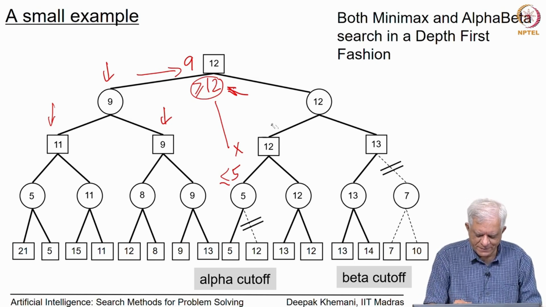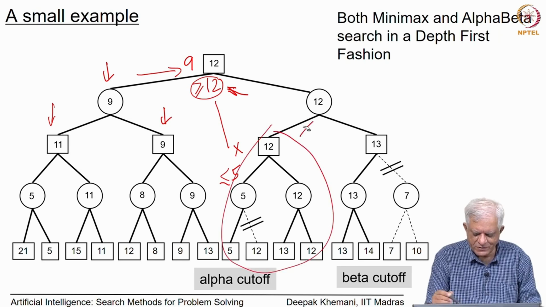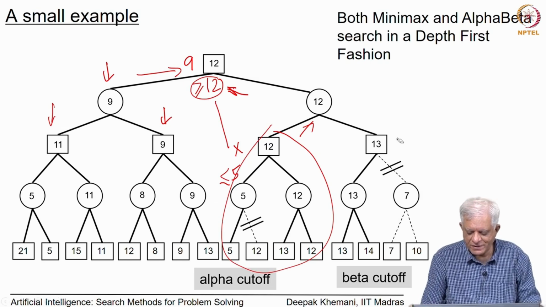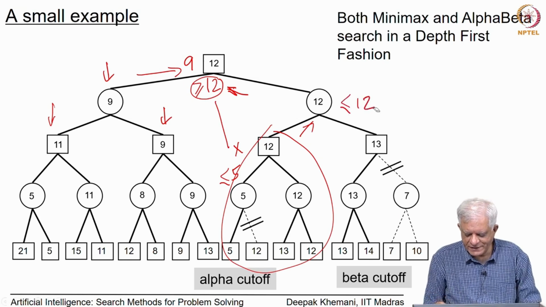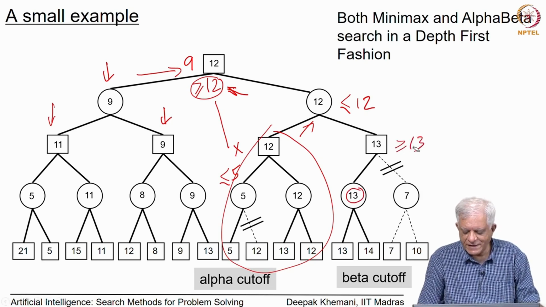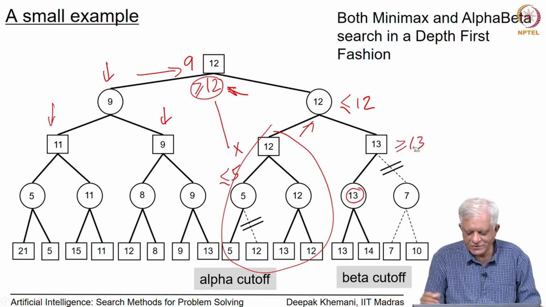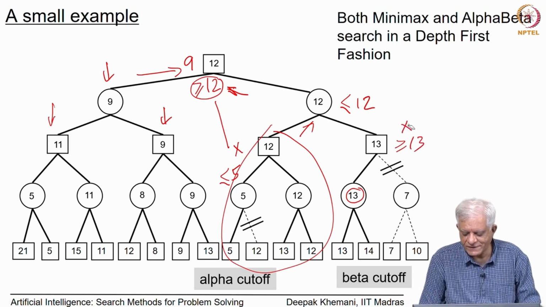So, when this part of the subtree is explored, we know that this value is 12, and when beta starts looking below this, remember that this is a beta node. So, this is going to be less than or equal to 12, and this node has evaluated to 13, and so this alpha says I am going to be greater than or equal to 13, and again the beta node says that there is no need to proceed any further.